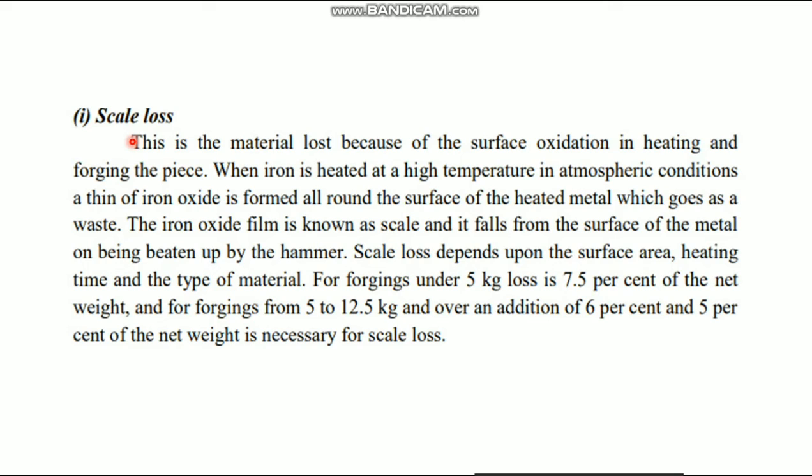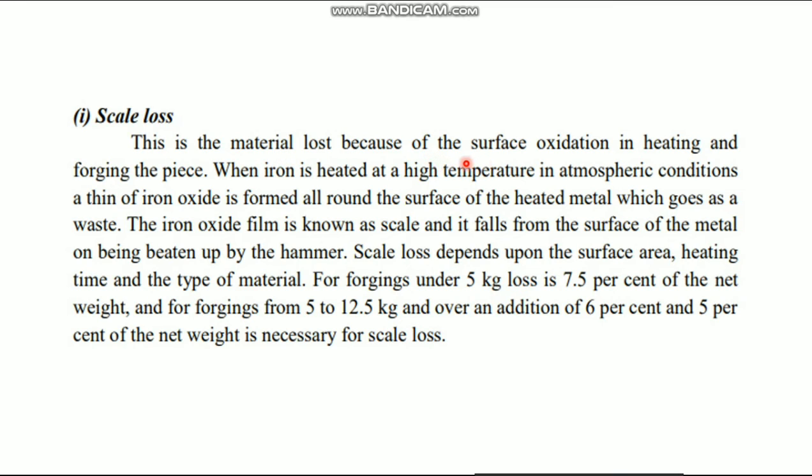Scale loss. Scale loss means, when the material is at high temperature, the oxygen available in the atmosphere reacts with the high temperature material, so oxidation takes place. Because of the oxidation, some scale will be formed at the surface of the material.